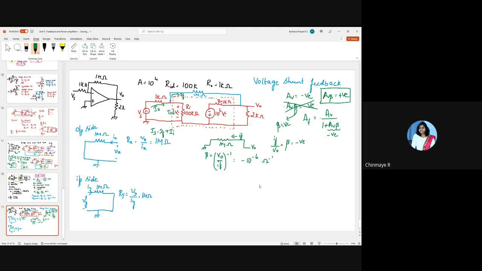Now with this, let's try to redraw the circuit again. When we are redrawing, we'll represent this voltage source in series with this resistor as a current source in parallel with this resistor, because it's easier for us to find the transresistance gain. I'll just use a different color.